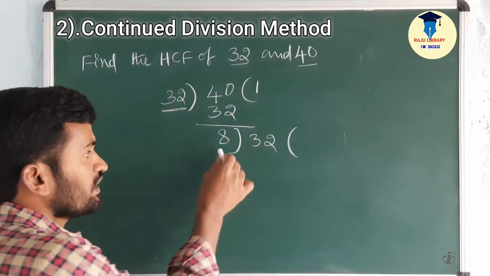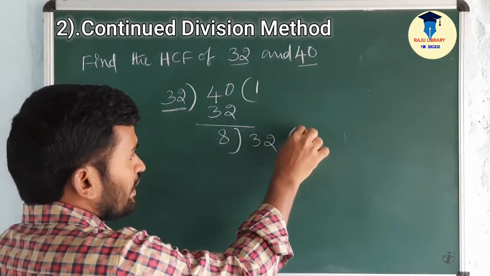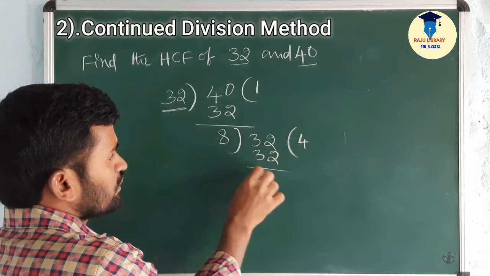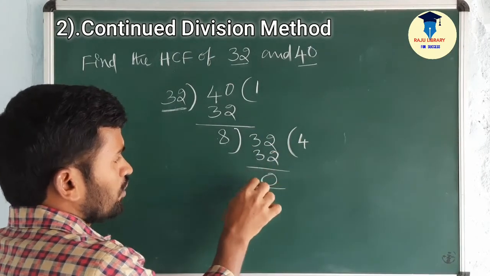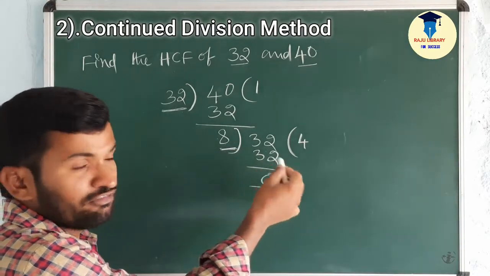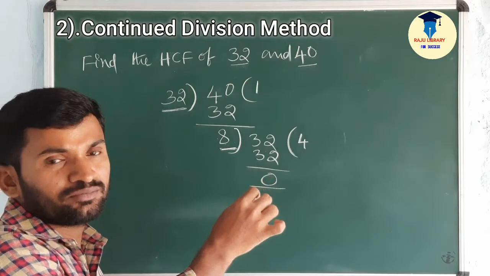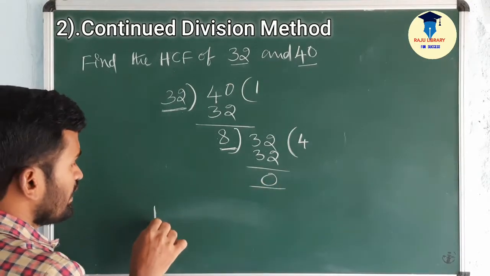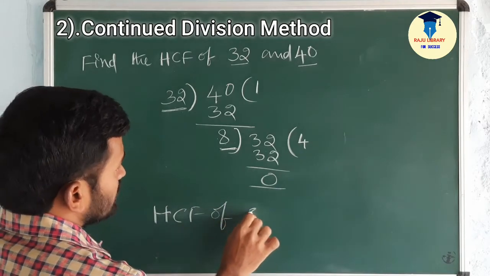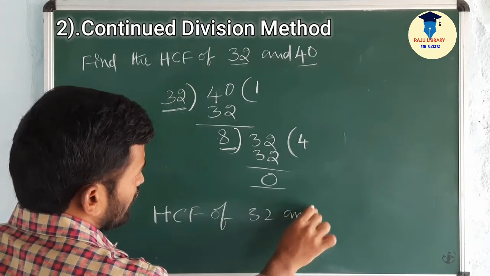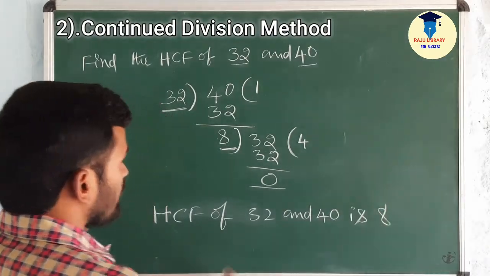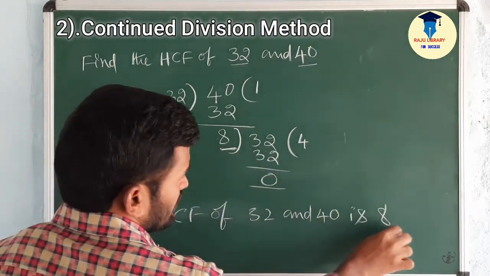Okay, so here 8 1 ja 8, 8 4 ja 32. The remainder is 0. The last divisor is 8 when the remainder became 0. So the HCF of 32 and 40 is 8.